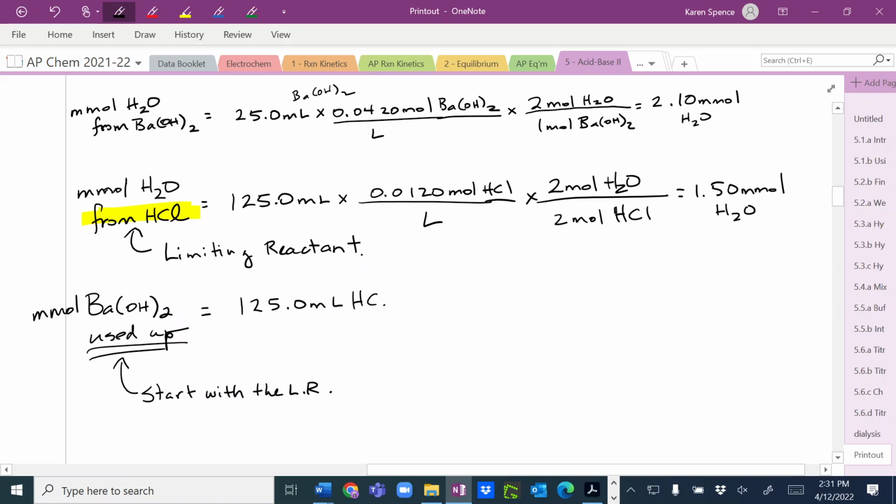HCl times 0.0120 moles of HCl per liter. So what we have now is the millimoles of HCl, and we want to know how many moles of Ba(OH)2 are reacting with that. So we need to convert moles of HCl into moles of Ba(OH)2.